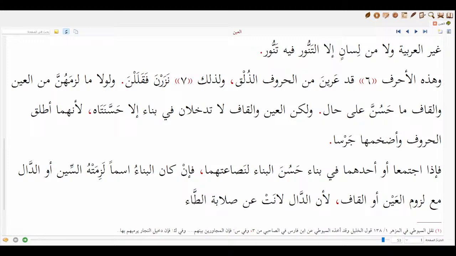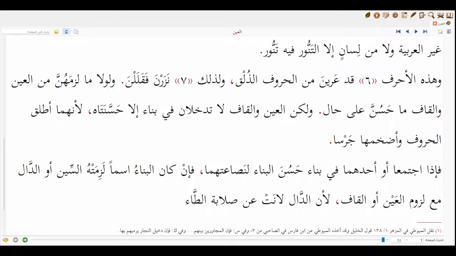فإن كان البناء اسما لزمته السين أو الدال مع لزوم العين أو القاف لأن الدال لانت عن صلابة الطاء. Now this word upon which the qaf and ʿayn have entered, is he talking specifically about the four root letter word which is free of the harf al-dhalq, the six letters, but was accepted because it had a qaf and a ʿayn in it?